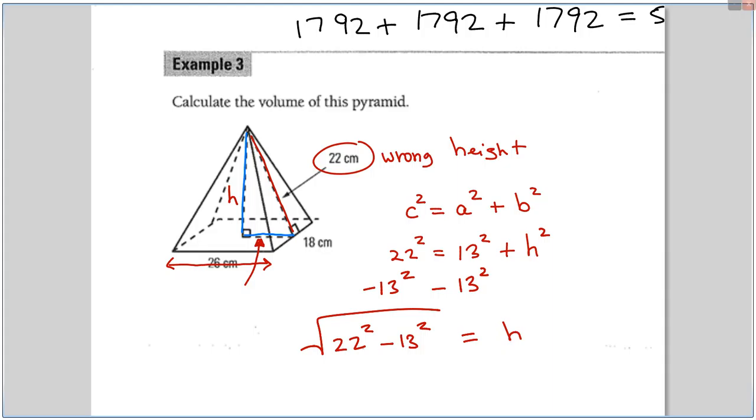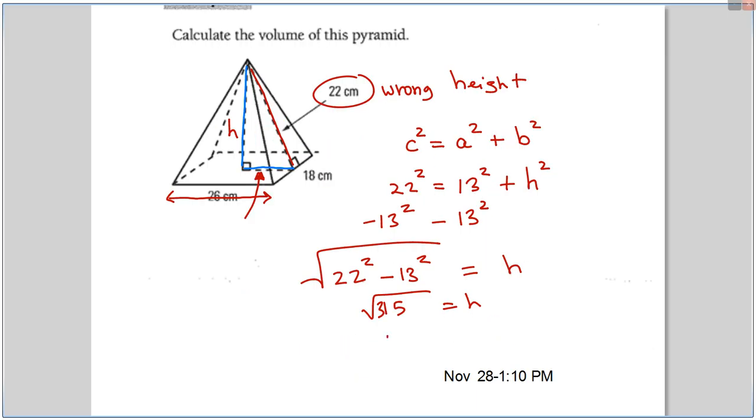So 22 squared, take away 13 squared, and then once you get your answer, you will square root that. So it's the square root of 315. So I got like 17.7 after rounding.